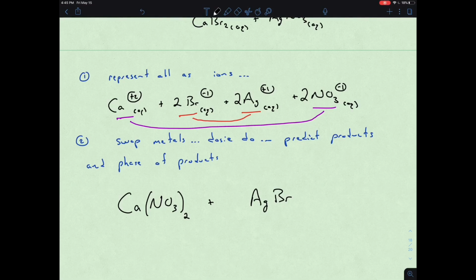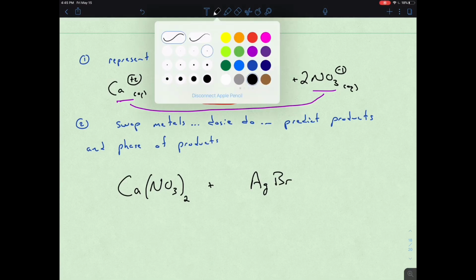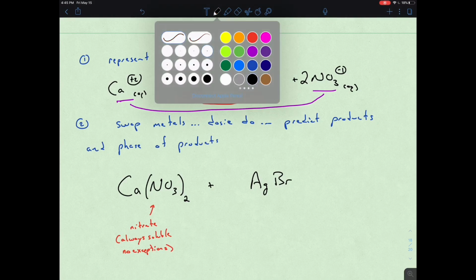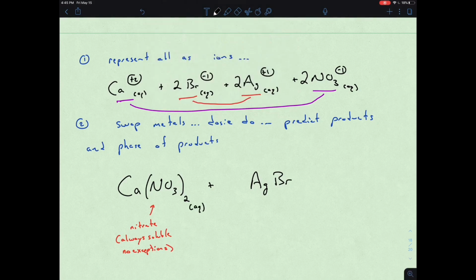So if we look and predict, we see nitrate. This is always soluble. There's no exceptions. So that means we would predict this to be aqueous.